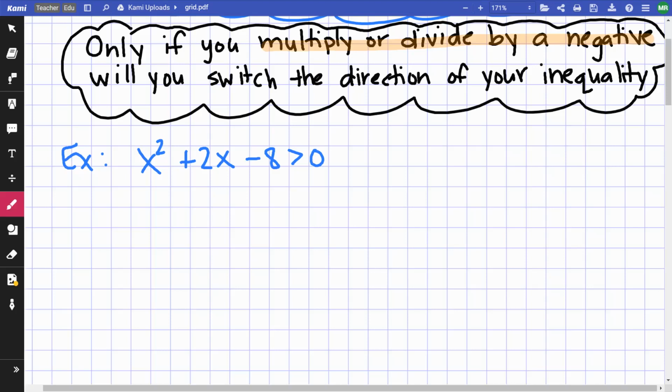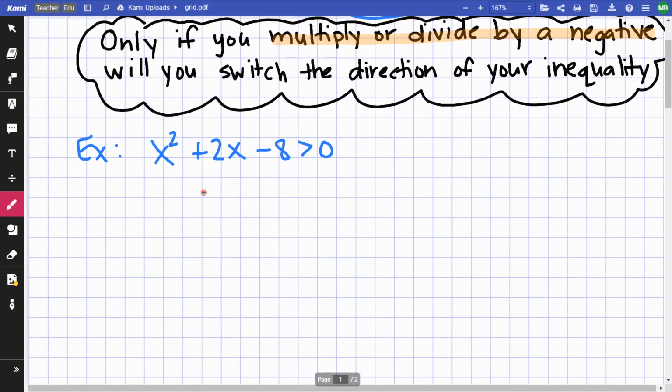So on this problem, your book will show you setting this equal to 0, solving it, and then checking values, because you're going to get two what we call boundary points, and checking values in between and outside of those. You can do that, and I'll show you that in a second. Myself personally, I think about it as a parabola, and I'll show you what I mean.